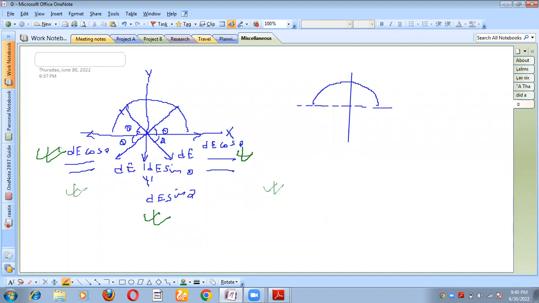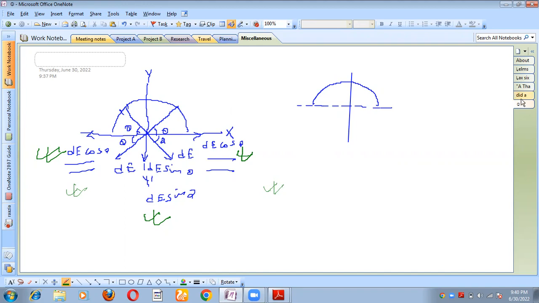Everyone got my point? So we cannot integrate dE directly. The net electric field will be along the Y direction, and its component is dE sin theta. Getting my point?